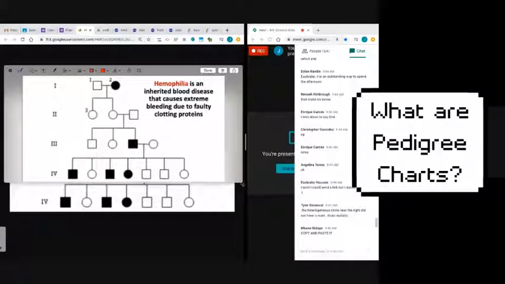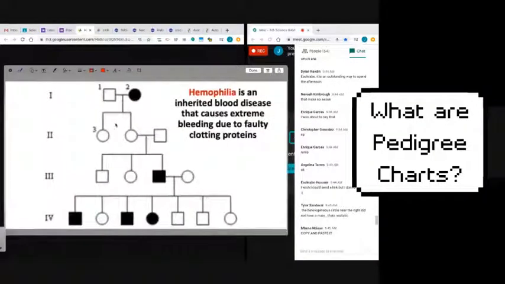All right, so we have hemophilia right here. We have the pedigree. First thing we know is that people who are shaded have that characteristic. In this case, people who are shaded have hemophilia, which is a terrible disease.